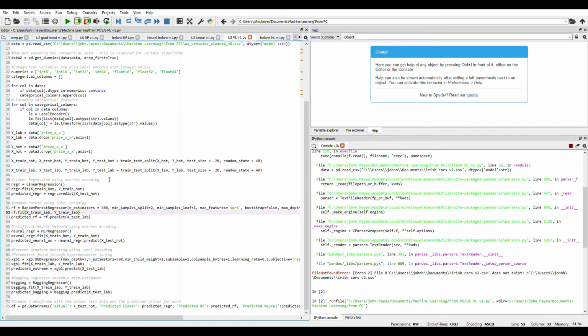There were 5 machine learning algorithms used after the data was split out into training and test sets at an 80-20 ratio. Firstly, there was linear regression, followed by random forest regression, followed by artificial neural network regression, then extreme gradient boosting regression, and finally, using an ensemble technique, a bagging regressor.